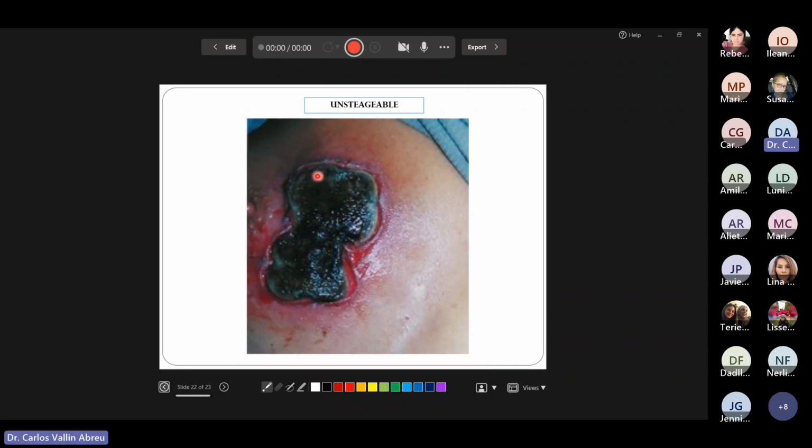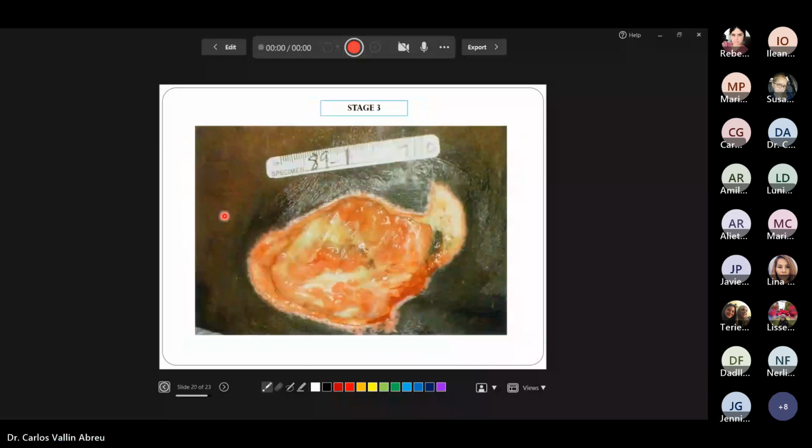When the doctors remove this eschar with sharp debridement, and you can see how deep the ulcer reaches, then you can stage the ulcer after it is removed.